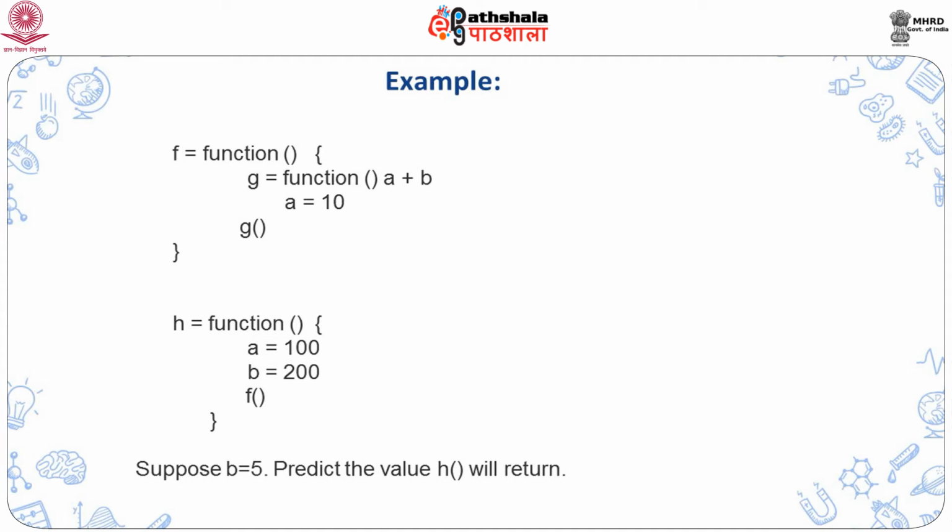Then we define h as a function which contains within it a is equal to 100, b is equal to 200, and then f, the instance of the function f, which was made with g as well. So, this is what the function looks like. Now, suppose b is equal to 5. Without running this program, predict what value h should return.